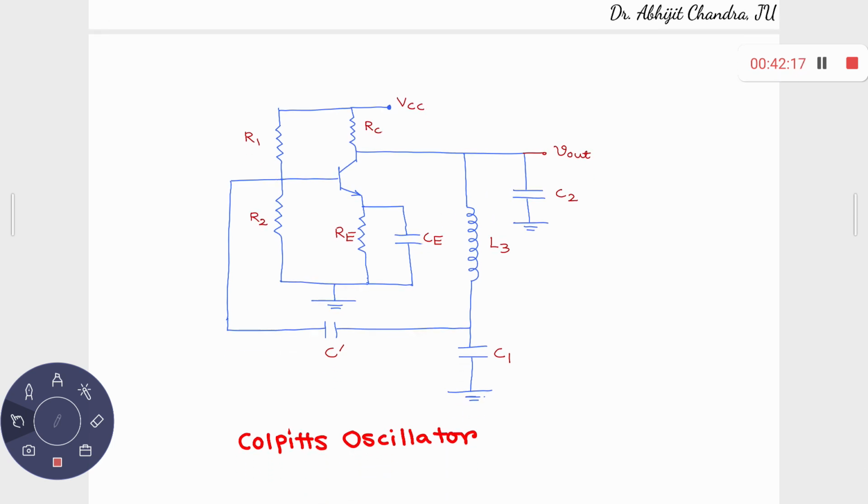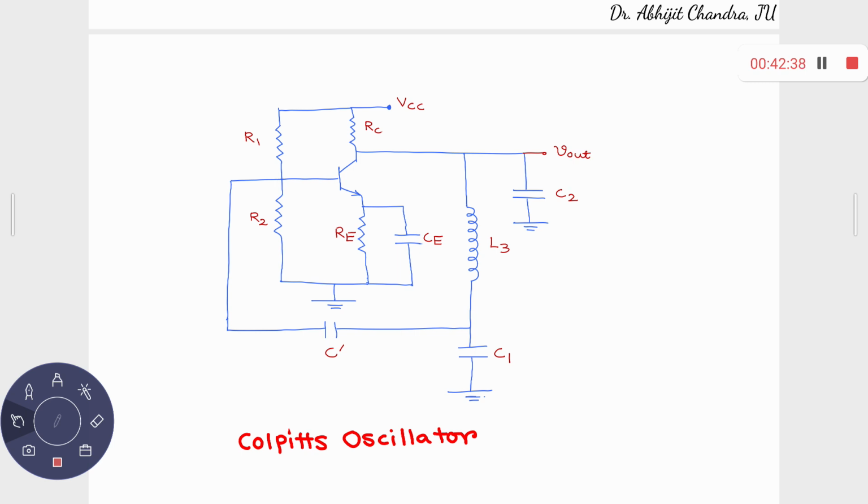These are the individual descriptions using the BJT model. To obtain this Colpitts and Hartley from the generic structure, first of all you have to derive the expression which is to be satisfied, that is x1 plus x2 plus x3 is equal to 0.